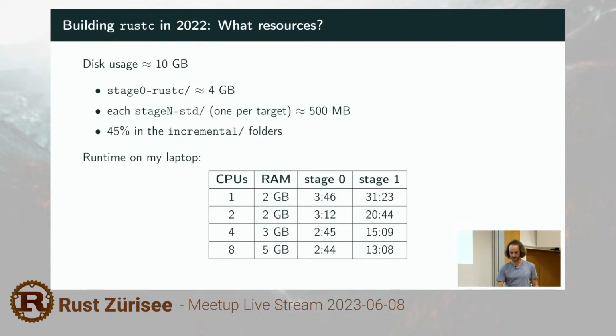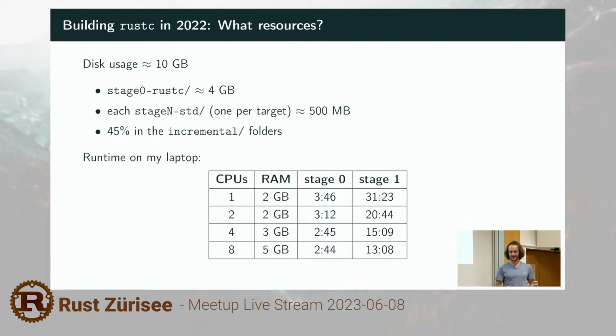I also found it insightful that building rustc doesn't require that many resources. I did some statistics and experiments about that. In terms of disk, for my setup of just targeting Android, I needed only 10 gigabytes. If you have an even bigger laptop than mine, you could run everything in RAM, and maybe it's even faster.